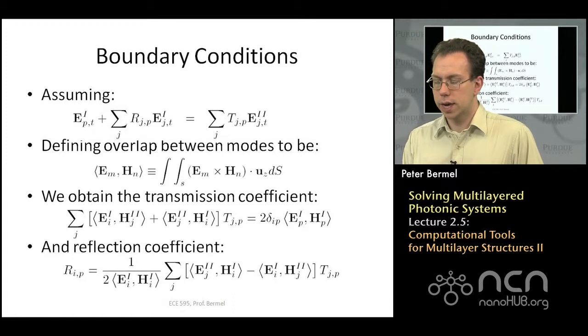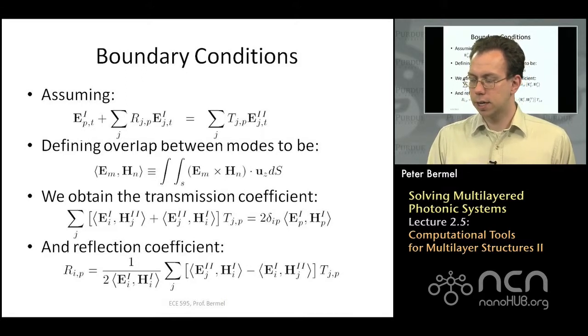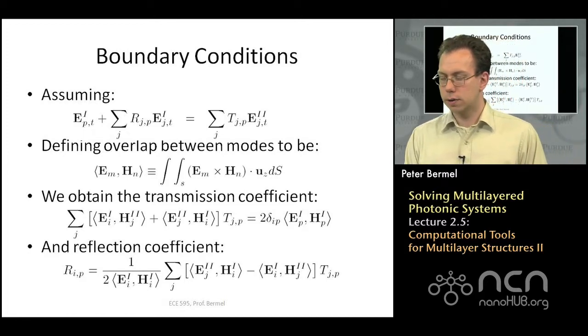That allows us to obtain the transmission coefficient based on that overlap coefficient. In general, taking the product with respect to these H_i and H_j, the transmission coefficient will be a sum of the overlaps between E_i and H_j, and then E_j and H_i. And that would be equal to the overlap of the pth coefficient.